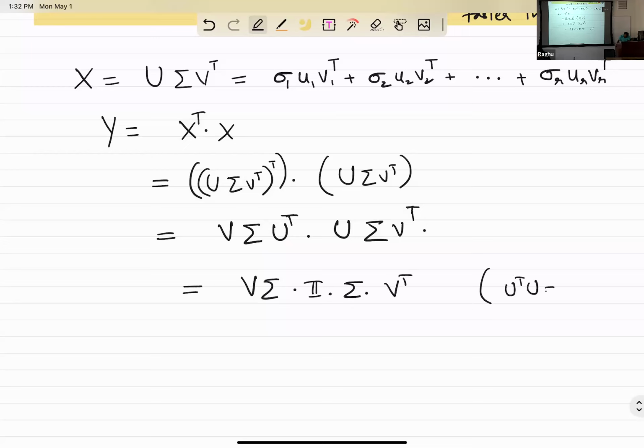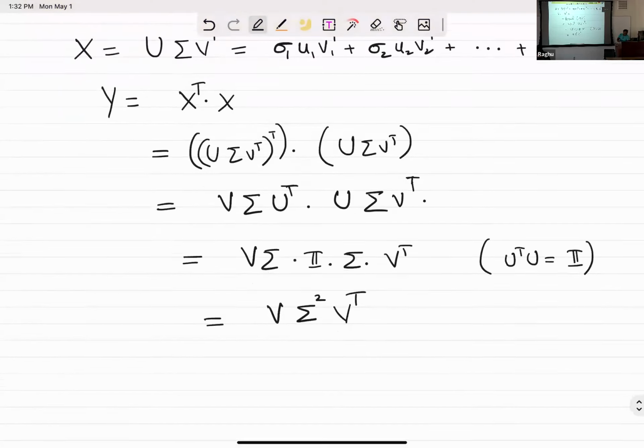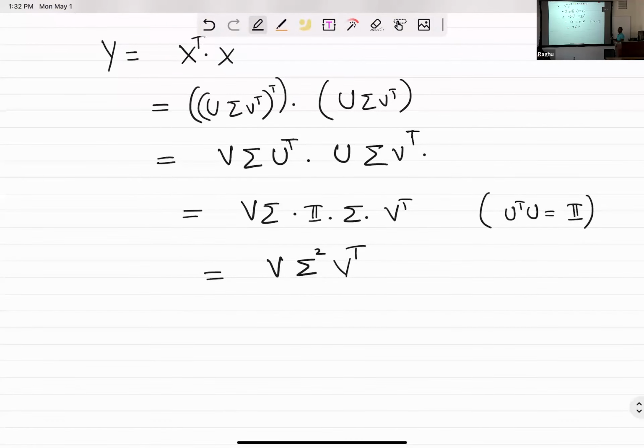So U transpose U is identity, and this whole thing simplifies to V sigma squared V transpose. Well, we did something, at least we got rid of the U's.